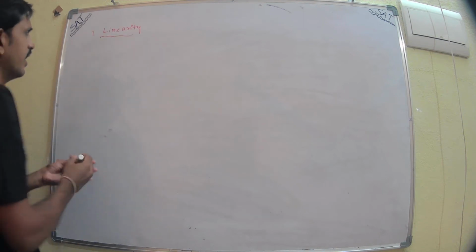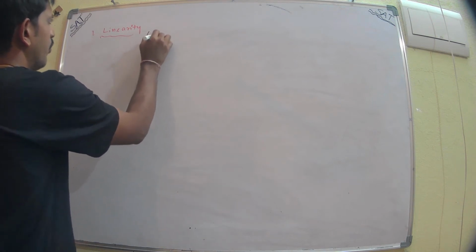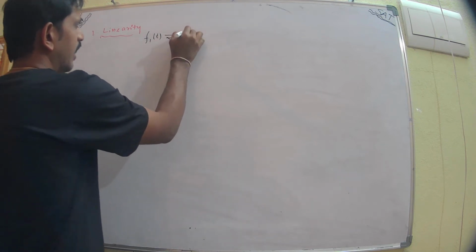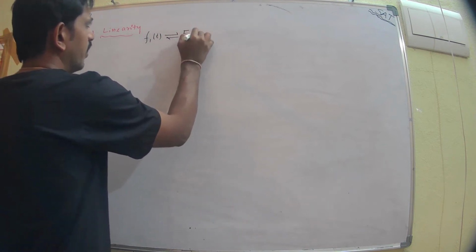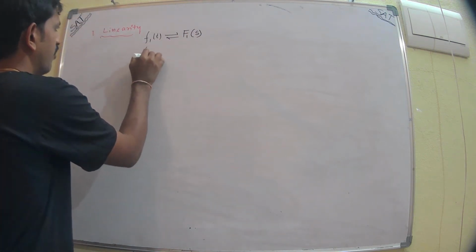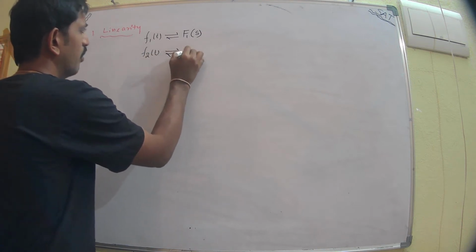Linearity: the function f1 of t in the time domain has Laplace transform F1 of s, and the function f2 of t in the time domain has Laplace transform F2 of s.